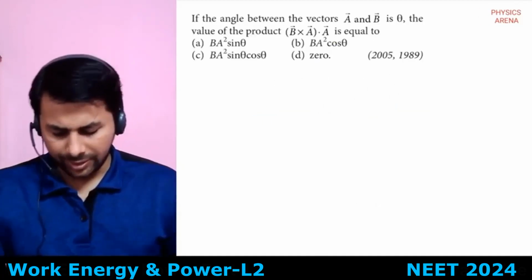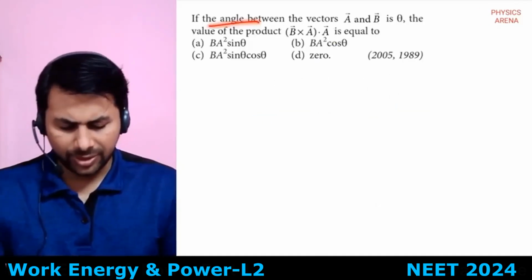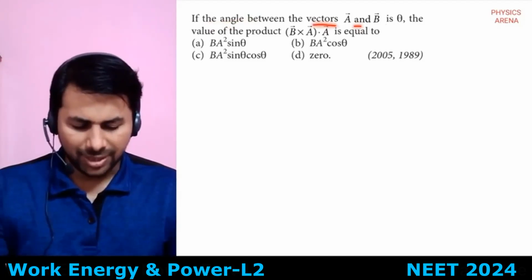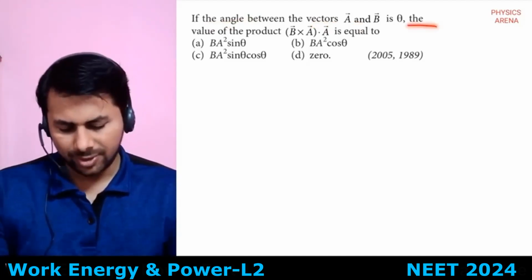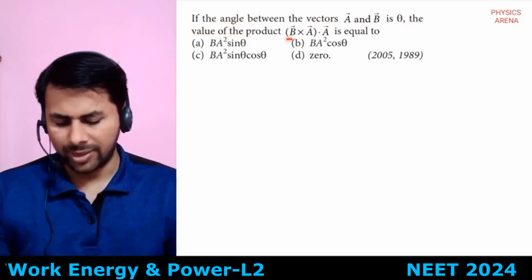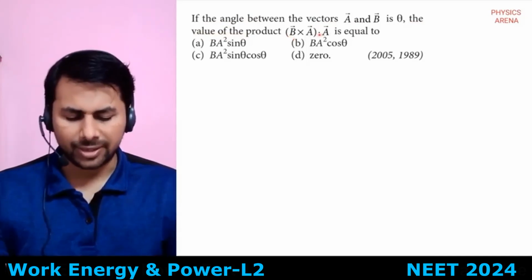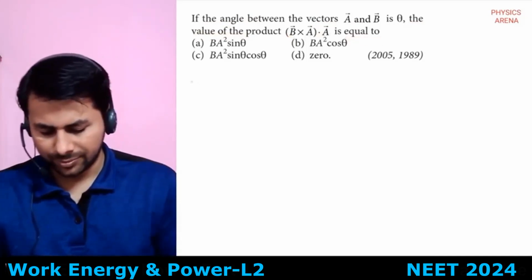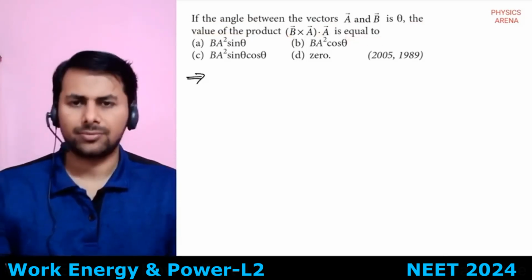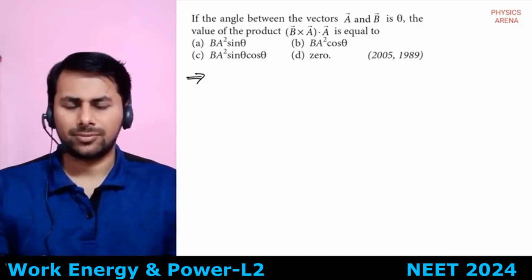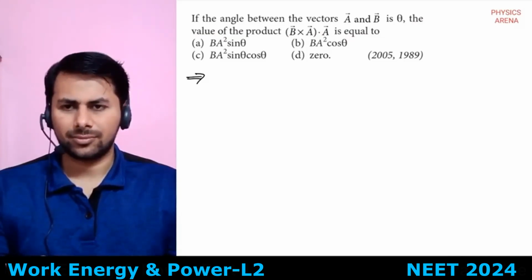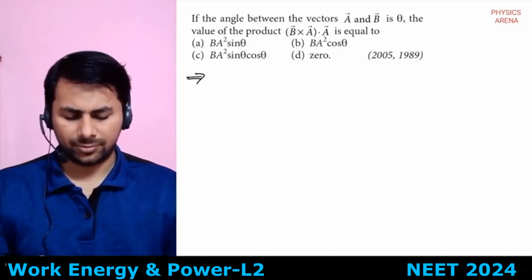Okay. Next question. If the angle between the vectors a bar and b bar is theta, the value of the product b bar cross a bar dot a bar is equal to. Tell me.